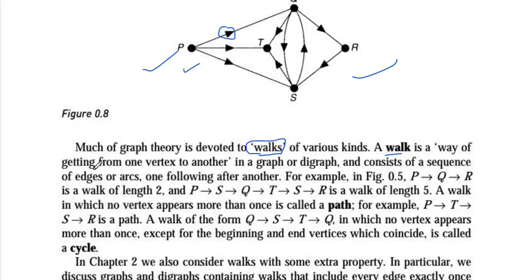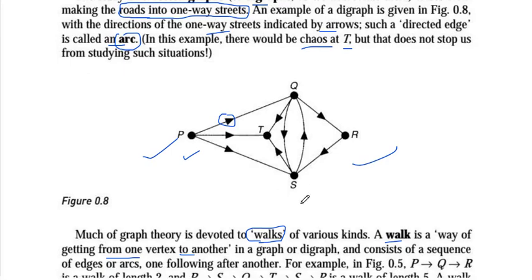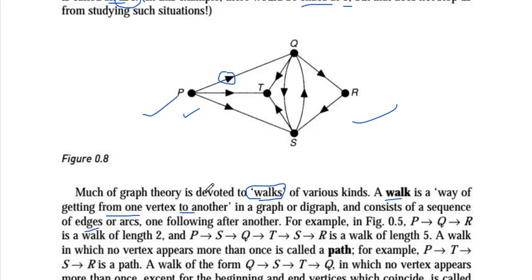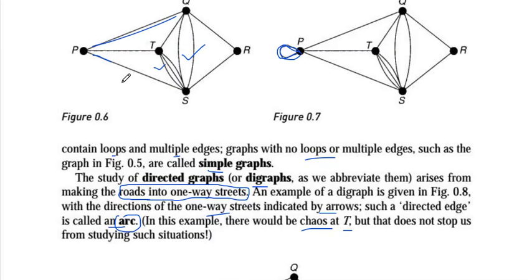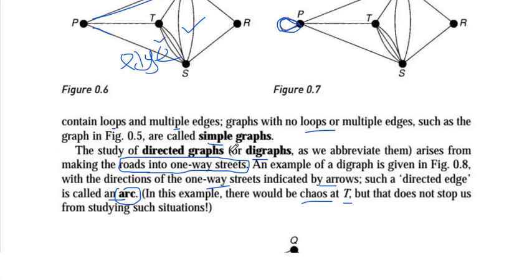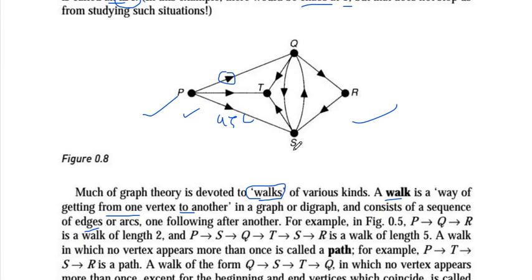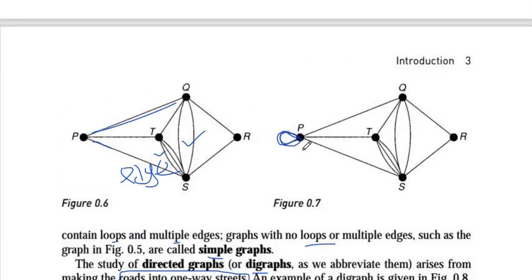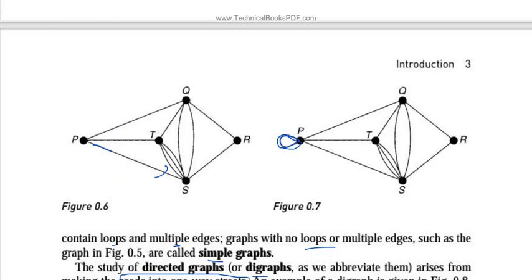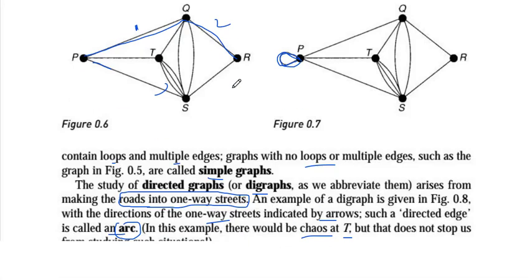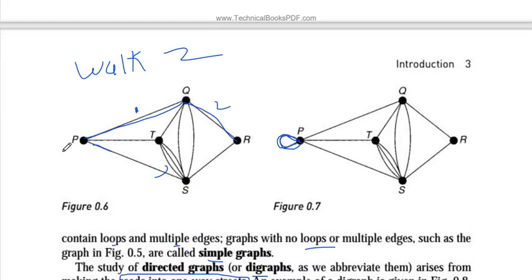A walk is a way of getting from one vertex to another in a graph or digraph, and consists of a sequence of edges or arcs. In a simple graph they are called edges, and in a digraph they are called arcs. Let's take an example in this figure: P, Q and R. This is a walk of length 2, because we have crossed two edges. We have traveled from P to R.